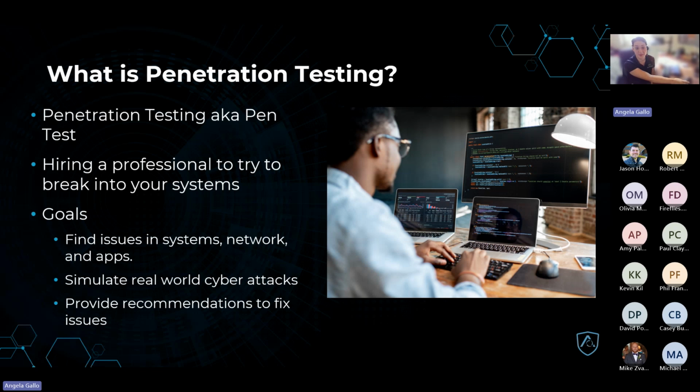And then they can pivot. If something that doesn't work for them comes up, they try a new way to breach your organization. So this would simulate real world cyber attacks. And based off of the successes of the pen tester, we would provide recommendations to fix those issues that are very specific to your organization's infrastructure.